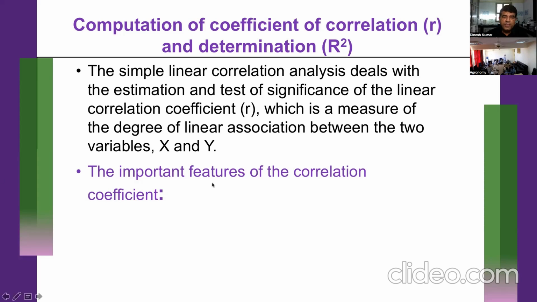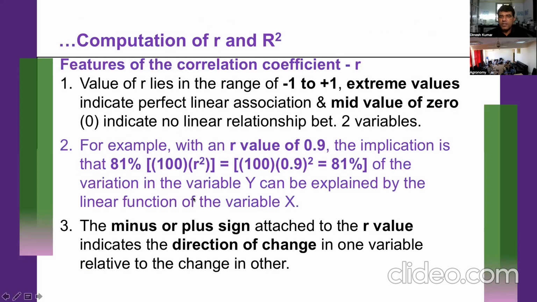The important features of the correlation coefficient. So first of all, you see what is correlation coefficient and its features. The values of correlation coefficient lie in the range of -1 to +1. This is the range. The extreme values indicate perfect linear association, and a mid value of 0 indicates no linear relationship between two variables.